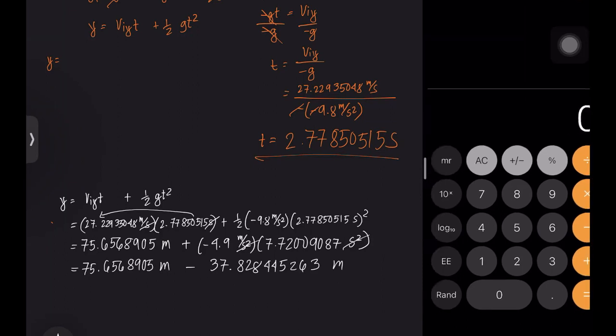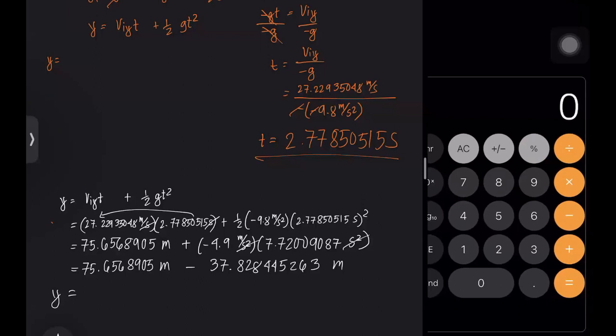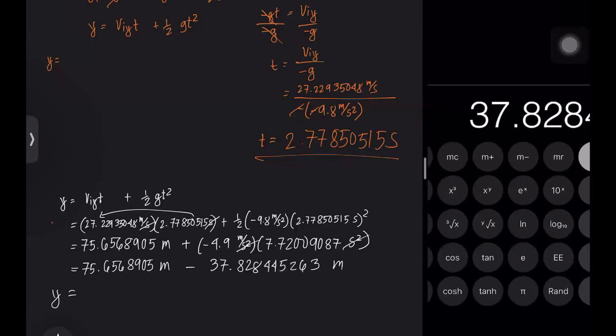After that, we simply need to subtract. So it's 75.6568905 minus 37.828445263.